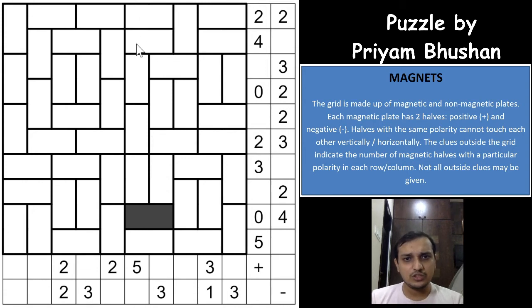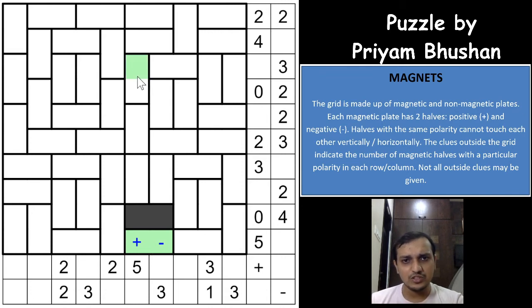So one of these 2 cells will be a positive, one of these 2 cells will be a positive, one of these 2, one of these 2. So you got the maximum 4 positives that can be placed here. So the 5th positive will have to be this, right? Easy. We'll mark that with the other color here. This has to be plus and this has to be minus.